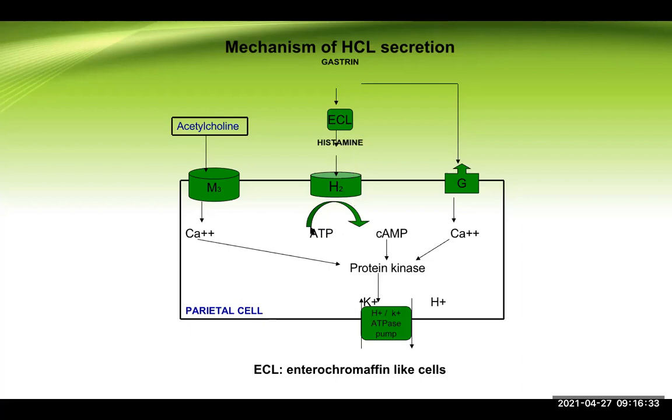Here ATP is converted into cyclic AMP by the enzyme adenylate cyclase, and the cyclic AMP acts on protein kinase again, so it acts as a secondary messenger here. And in the G cell, gastrin acts, and this gastrin also involves calcium as a second messenger, which is responsible for intracellular function.